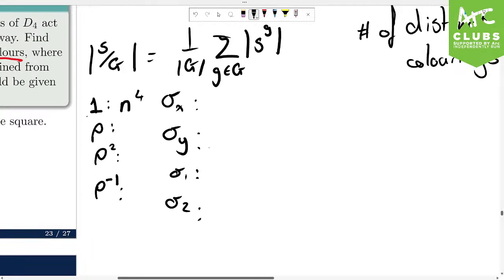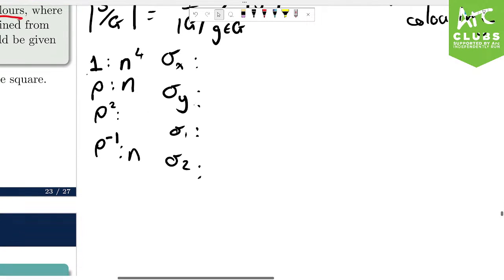So the two 90-degree rotations will only have n elements in their fixed point sets. And the 180-degree rotation swaps the opposite edges, so you have two places to color in and n choices, so this would be n to the power of 2.